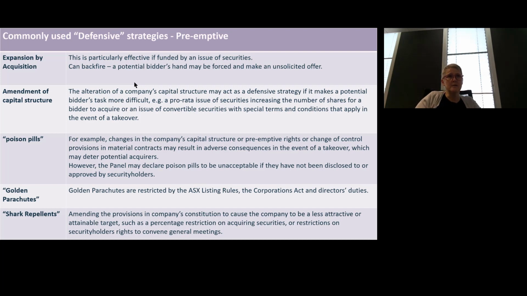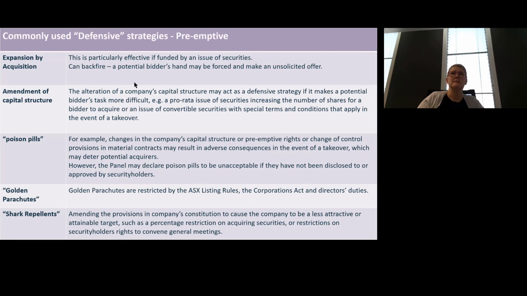So CEOs, CFOs, even general counsel, who have contractual rights to very large payouts if there is a change of control, and may even have a right to terminate their employment contract and walk on a change of control, and basically then realise significant capital from the company at the same event. Some of these things, they have very creative names, I think.